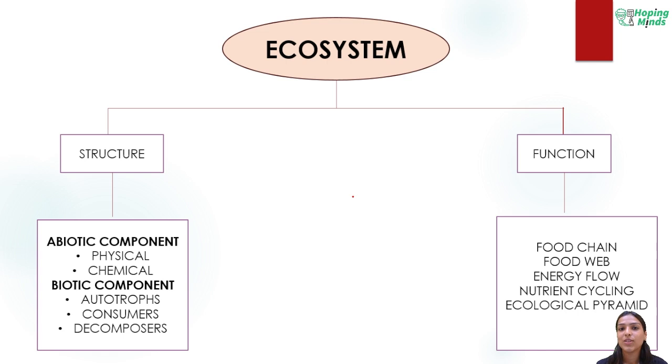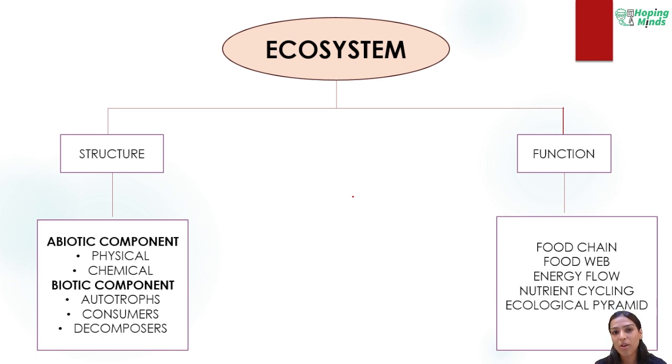Let's come to what is an ecosystem structurally and functionally. Structurally, an ecosystem is what it is composed of. The structure of an ecosystem could be abiotic or biotic. Like we studied in our previous topic, biotic means anything living and abiotic is anything not living.